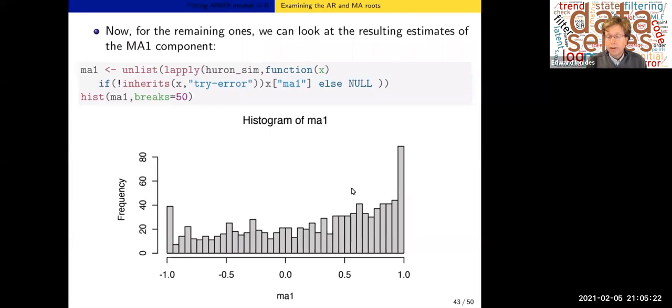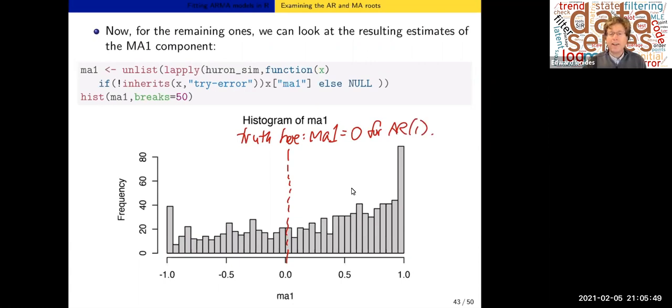For the remaining ones, you can look at the estimates of the MA1 component. Remember that in this simulation study, this is the truth: MA1 is 0 for an AR1 model.